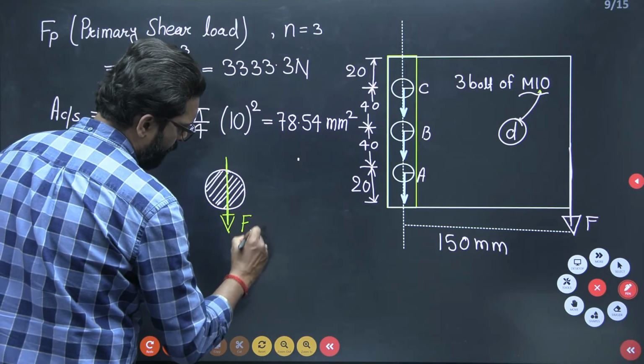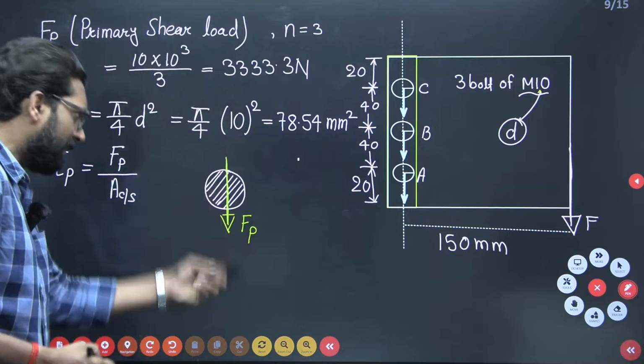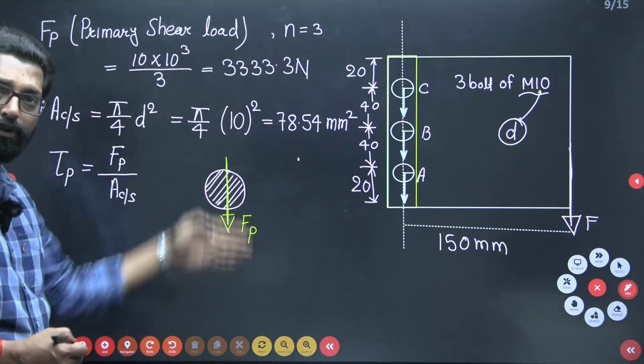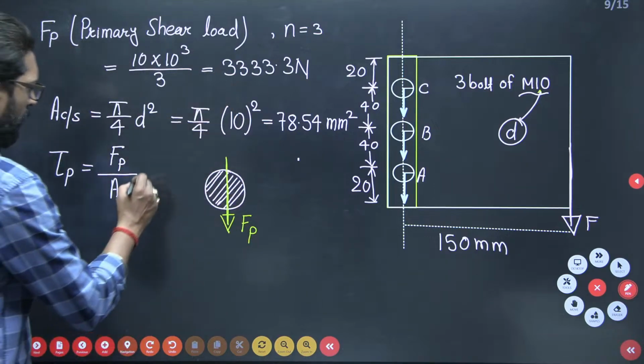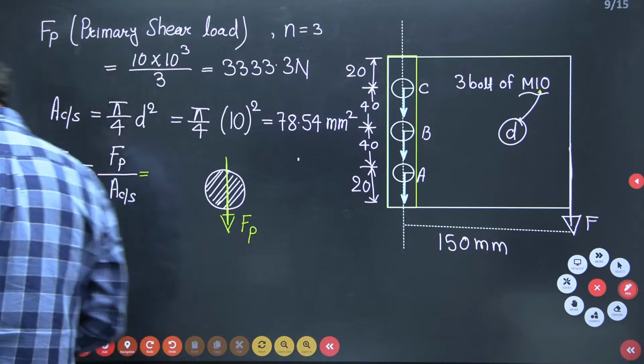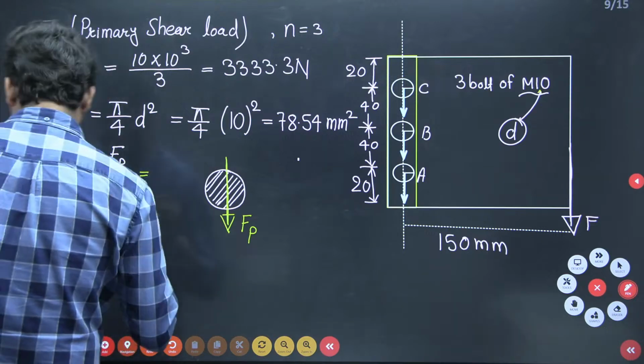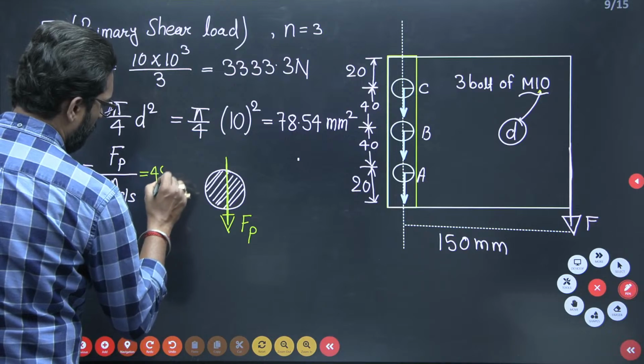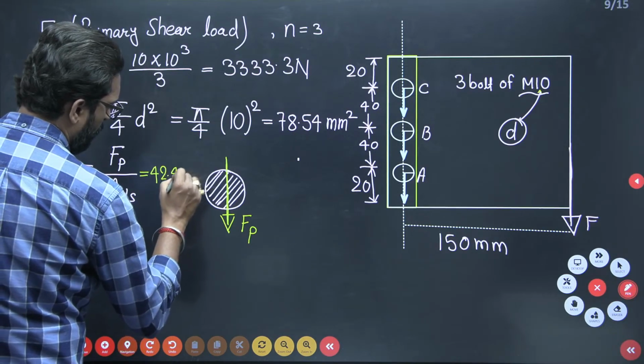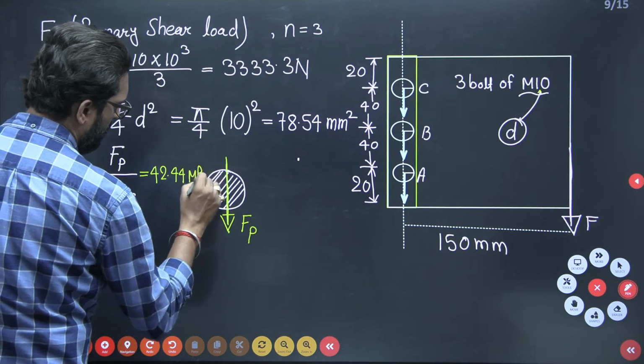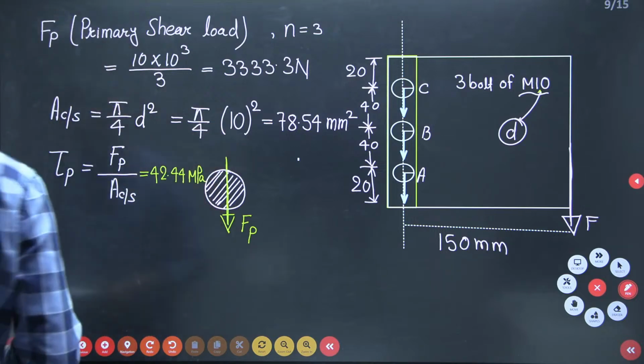FP applies the shear load and tries to shear the bolt. If you solve, it is 42.44 mega Pascal. This is your primary shear.